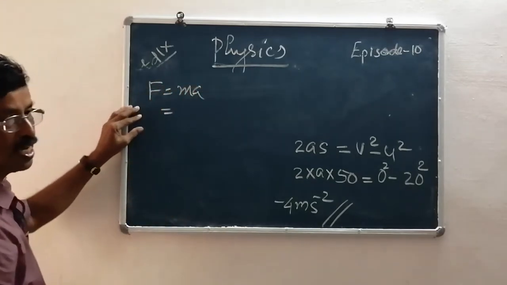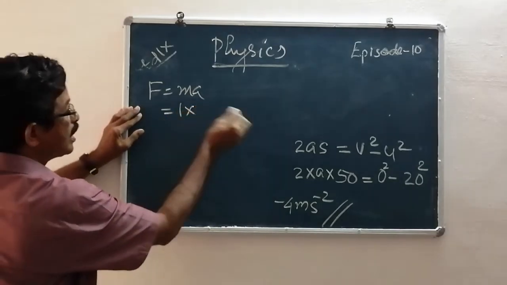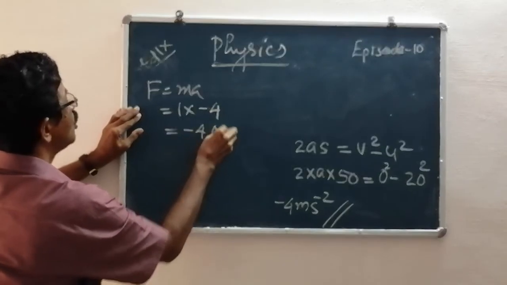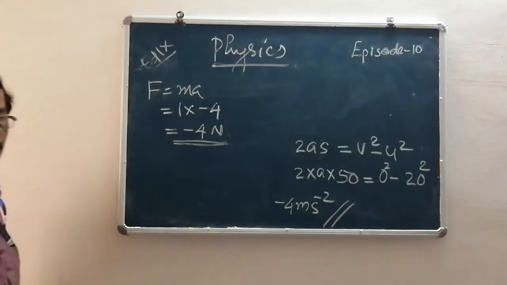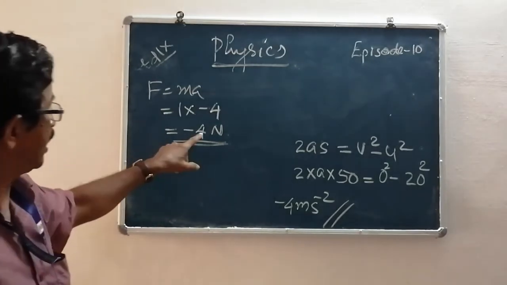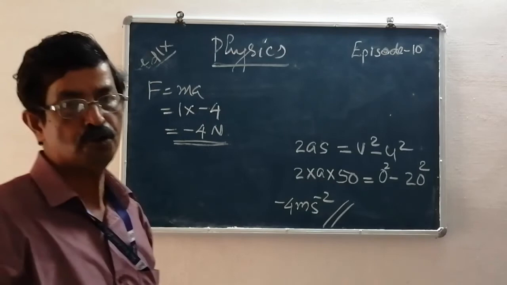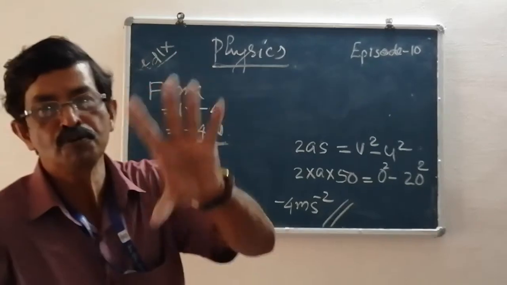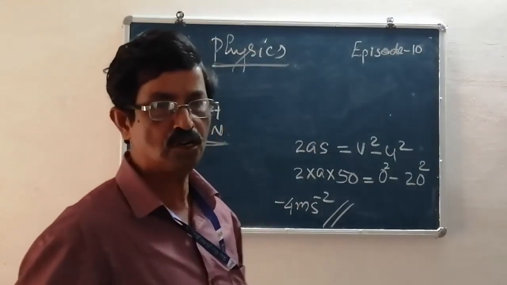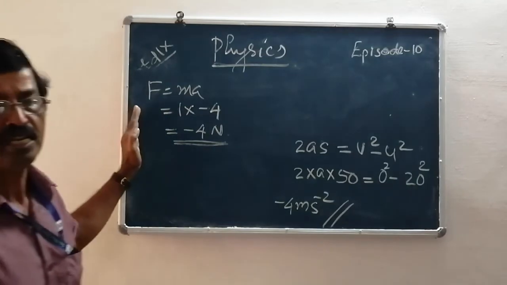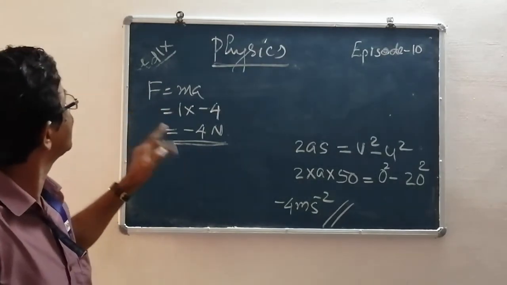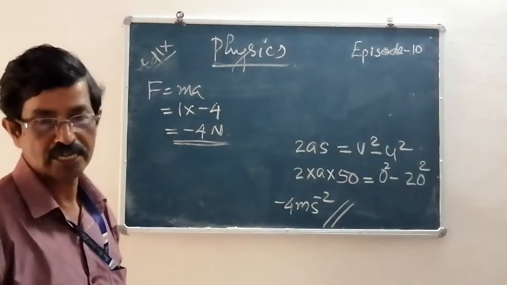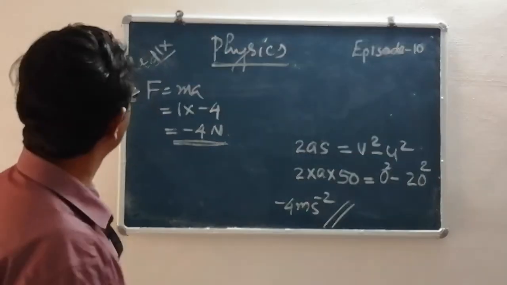Mass is 1 kg, so 1 into minus 4 is minus 4 Newton. The negative sign means this force is opposite to the direction of motion of the stone. If we consider friction, then it is 4 Newton.